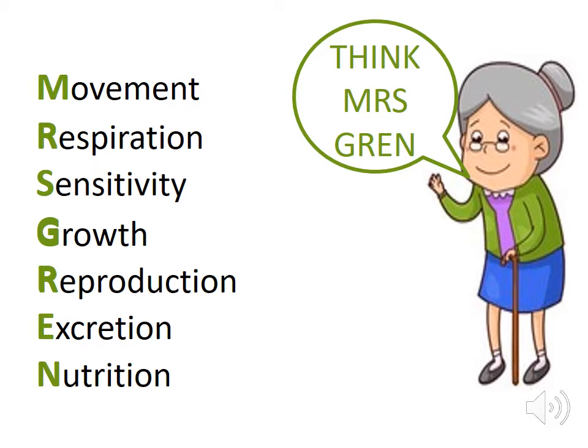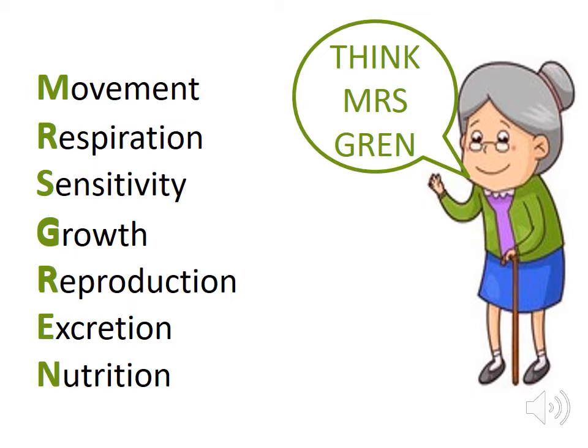And finally, nutrition. All living things need nutrients. So either we get them as animals through eating plants and animals, or if you're a plant, you get them through a process called photosynthesis. So well done if you got some of those right.